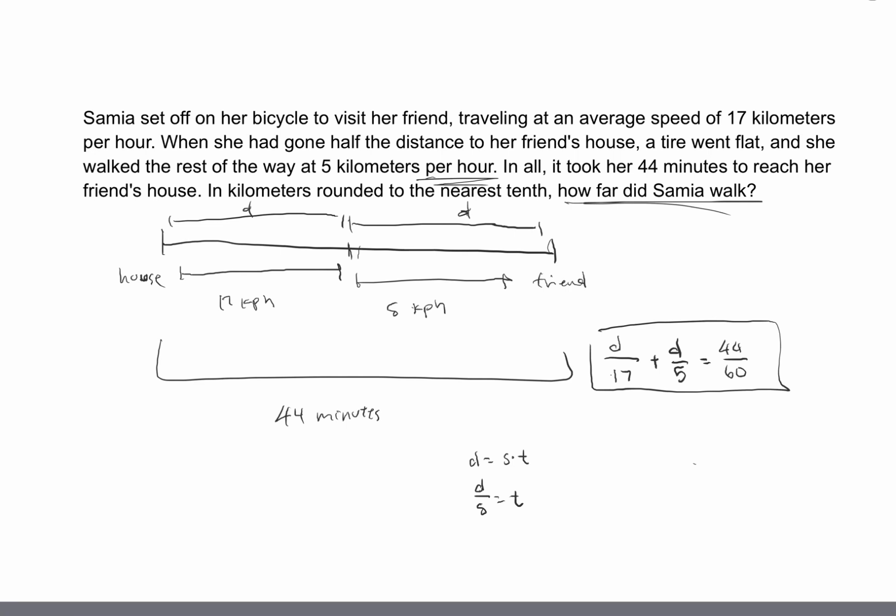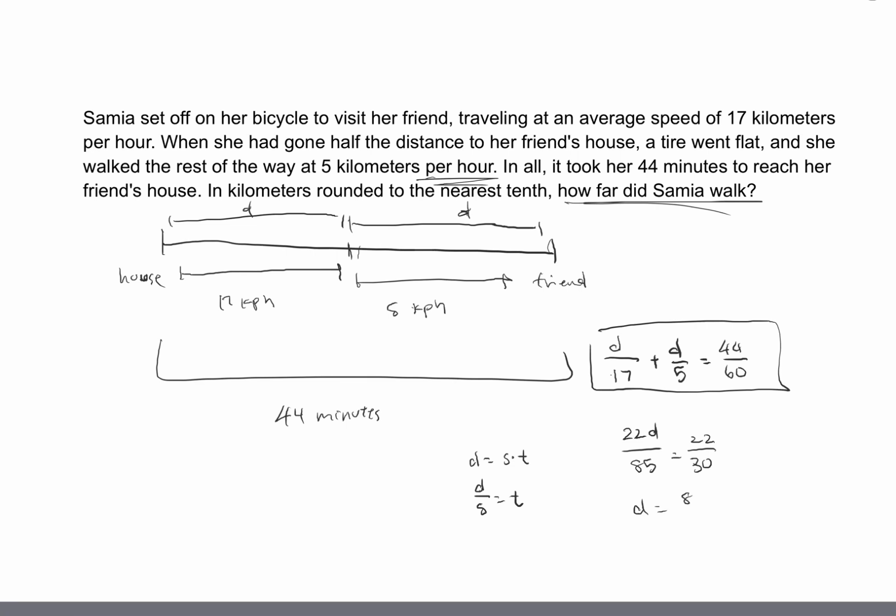Okay, so now we have this equation, and it'll be easier to get our answer because this is just simple algebra. We can get 22D over 85 equals 22 over 30.